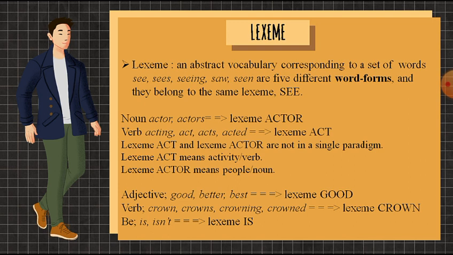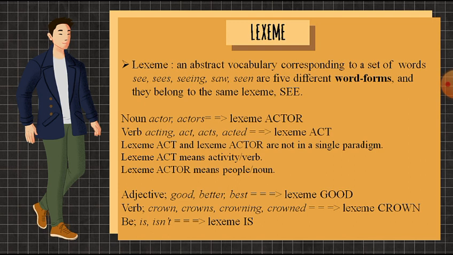Another example, actor and actors. Here we can see that actor and actors are different word forms, where actor is singular and actors is plural, but they come from the same lexeme, actor. Next, the verb: acting, act, acts, and acted.